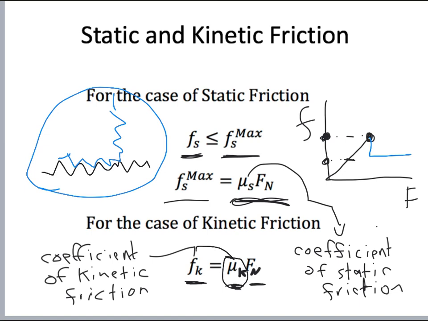So when the situation is static, and they're not moving relative to each other, these little nooks and crannies act like little interlaced teeth, and if it's not moving, the full weight of this block is pushing them in together, and they sink in as deep as possible. But once it starts moving, these guys are gliding on top of each other. They don't have time to fully sink in and fully engage. And so that's why the friction gets less when it's sliding.